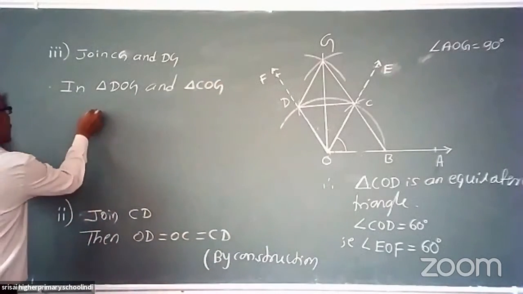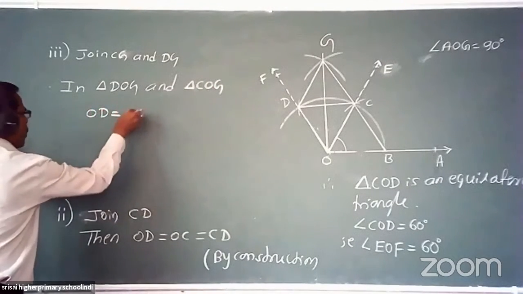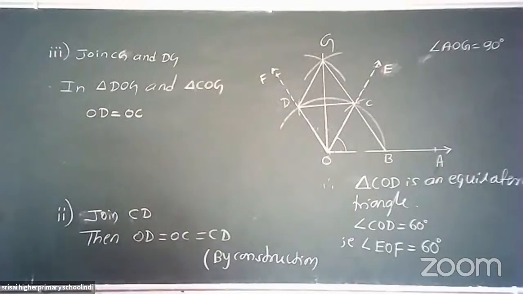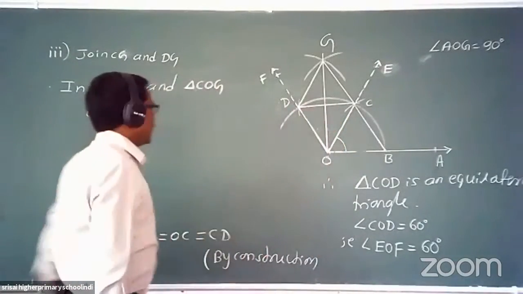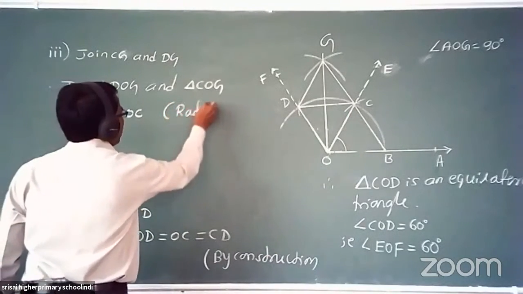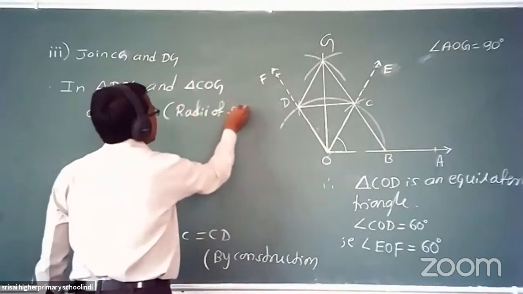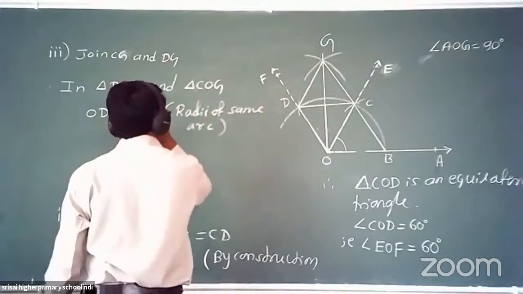OD equal to OC. Why OD equal to OC? These are radii of the same arc.